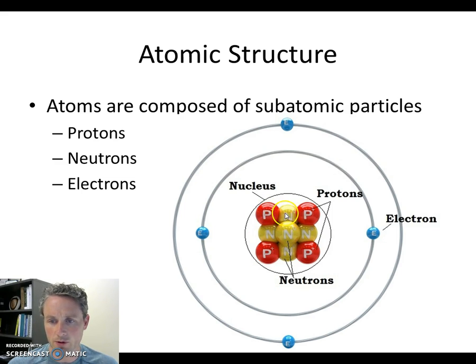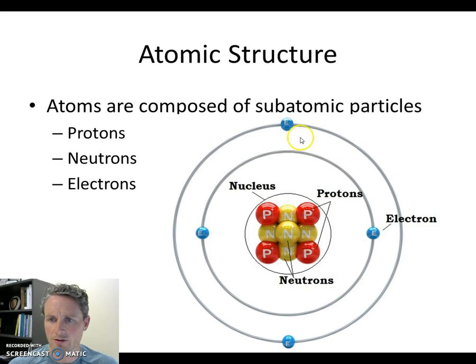So in the nucleus, we've got protons and neutrons. Protons have these little plus signs on them, indicating their charge. You'll notice the neutrons don't have any sign indicating their charge. And if you look really closely at the electrons, there's a little negative charge on there. So we're learning some stuff about where these subatomic particles are, and we've learned about what their charge is.